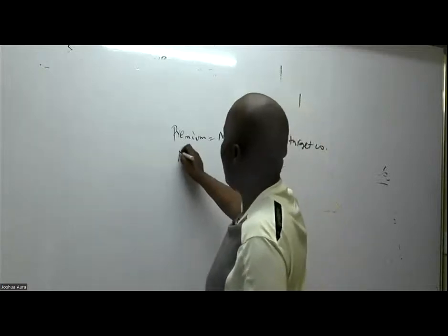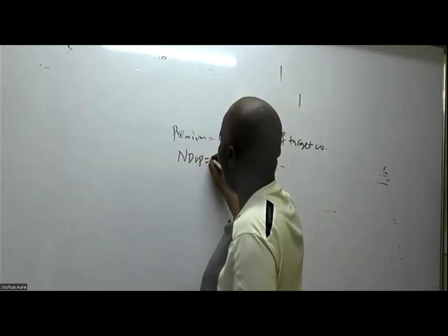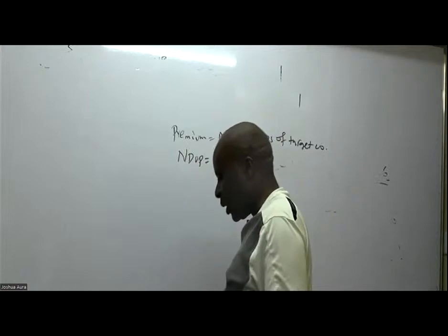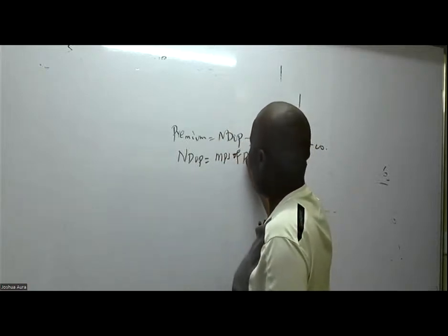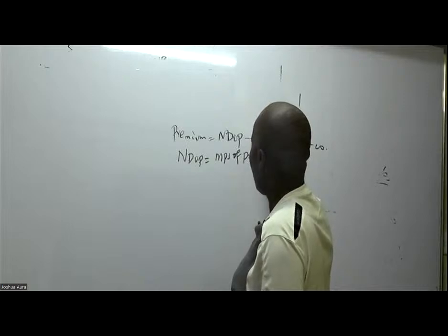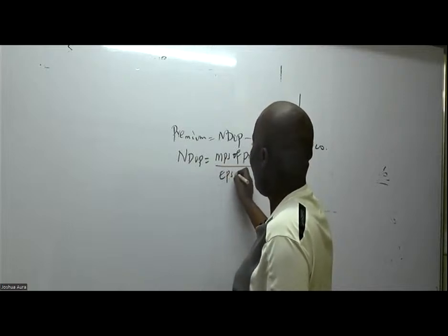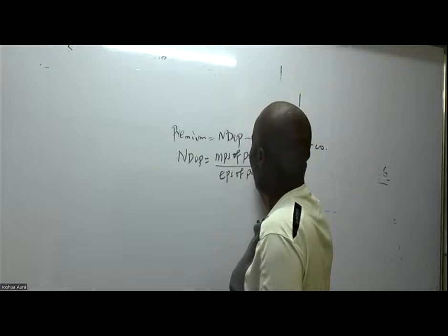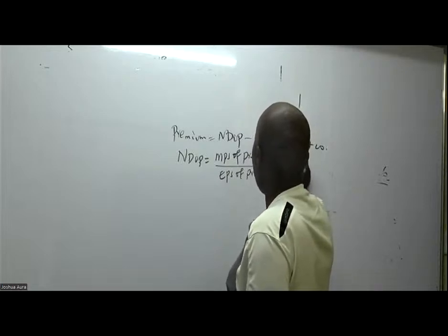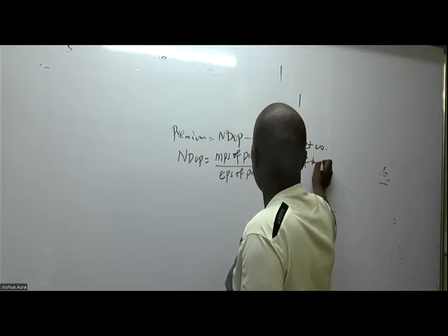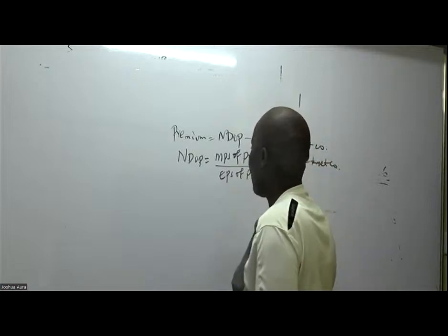So how do I get this in DOP? It's very easy. We shall take market price per share of the predator, all over EPS of predator, times EPS of target company.